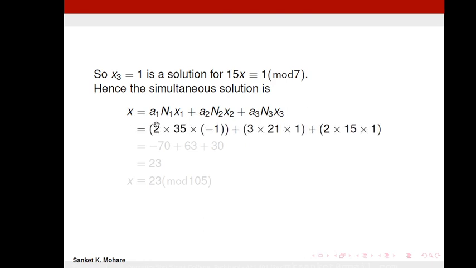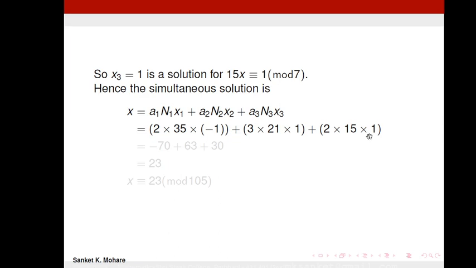So the value of a1 is 2, the value of N1 is 35 and the value of x1 is -1. So 2 multiplied by 35 multiplied by -1, plus the value of a2 is 3 multiplied by the value of N2 which is 21 multiplied by the value of x2 which is 1. So 3 multiplied by 21 multiplied by 1, plus the value of a3 is 2 multiplied by the value of N3 which is 15 multiplied by the value of x3 which is 1.